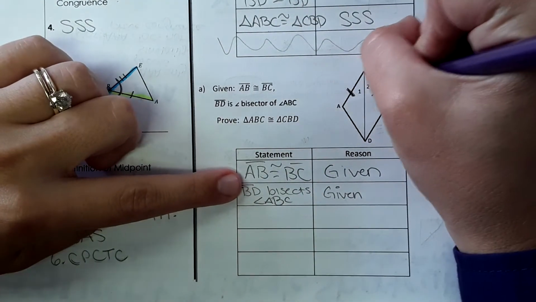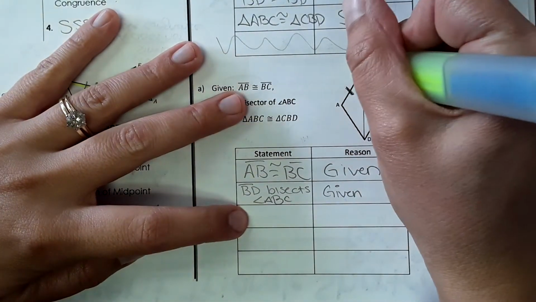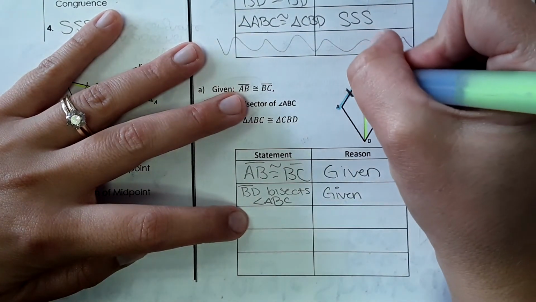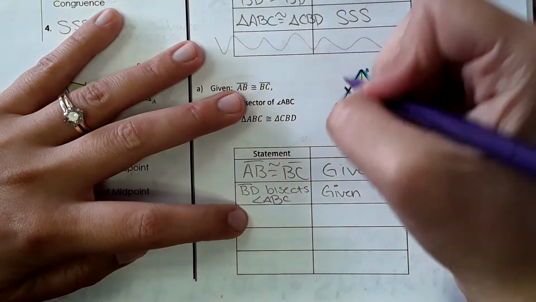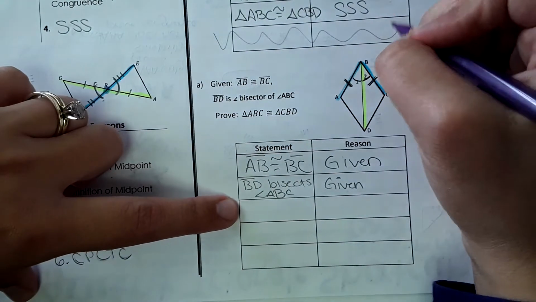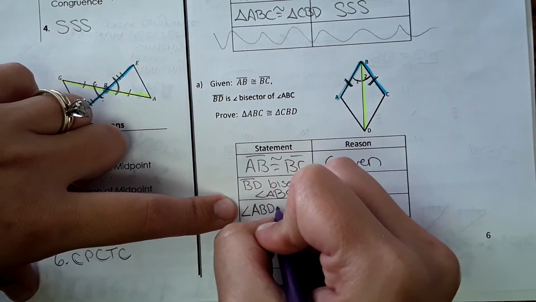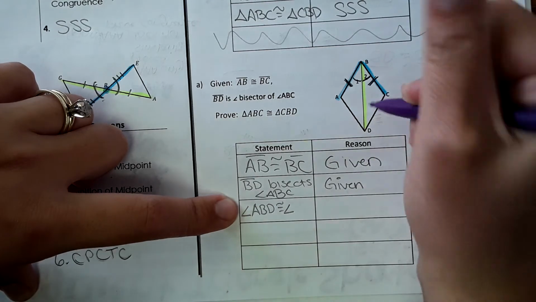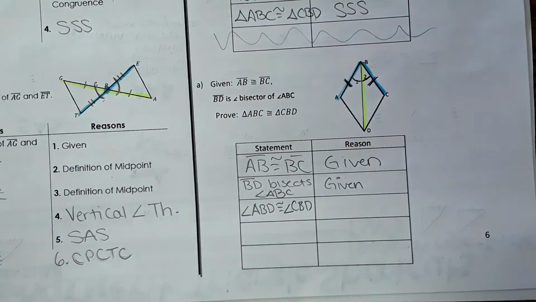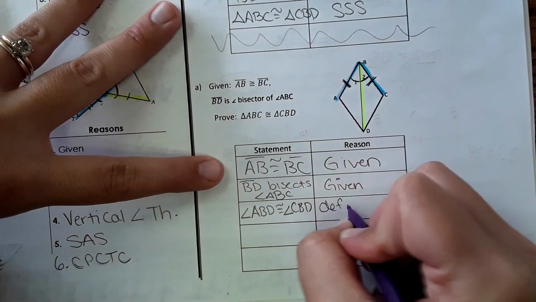Okay, so AB equals BC, got it. And then it says that BD, this segment right here, bisects the angle ABC. So with it bisecting that angle, then I know that this angle is going to be congruent to this one. So I need to write that angle ABD is congruent to angle CBD. And the reason why I know that is definition of angle bisector.